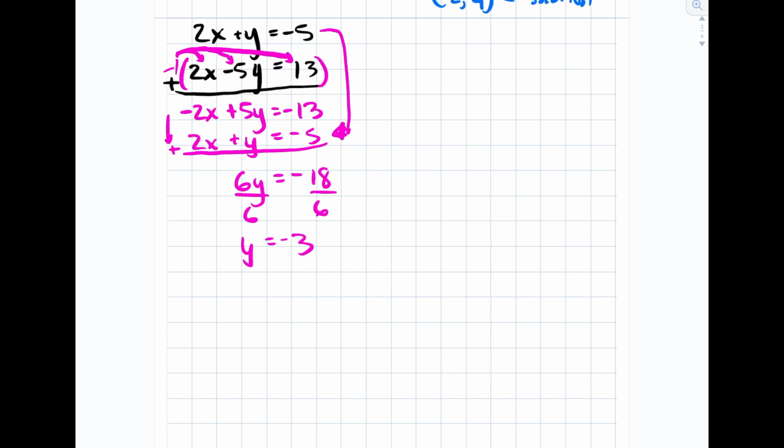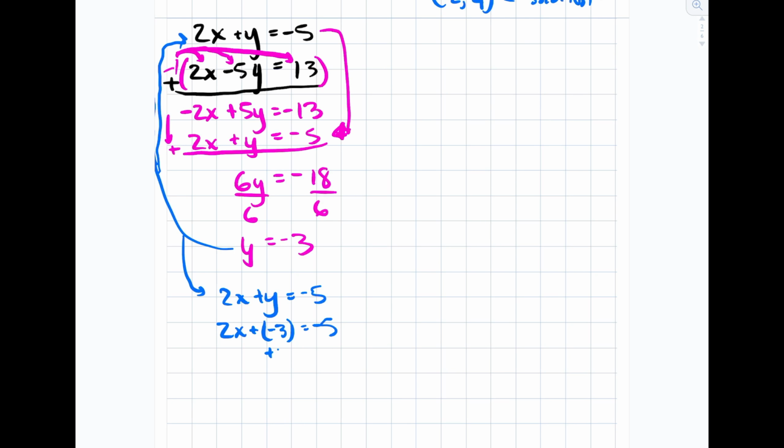All right. I'm going to take that, and I'm going to plug it into one of the original equations. I'm going to plug it into this first one right here. So it's going to be 2x plus y is equal to -5. So 2x plus -3 is equal to -5.